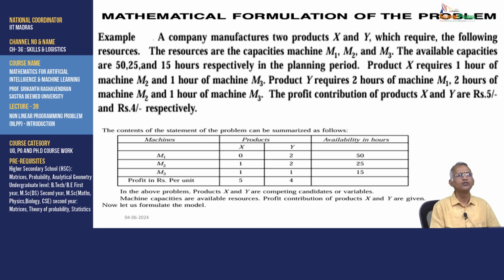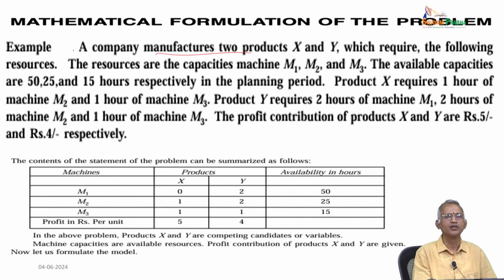Now, how to mathematically formulate the problem? One real-time example: a company manufactures two products, X and Y, which require the following resources. The resources are the capacities of machines M1, M2, M3. The available capacities are 50, 25 and 15 hours respectively in the planning period.